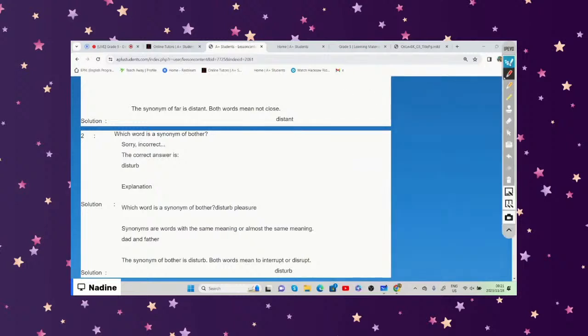We need to find the word that is similar to bother. Is it pleasure or is it disturb? Bother. If someone bothers you, is that a pleasure?